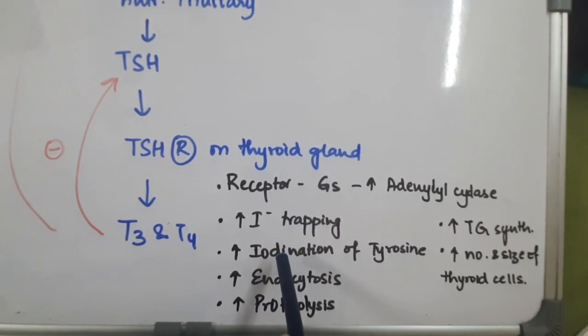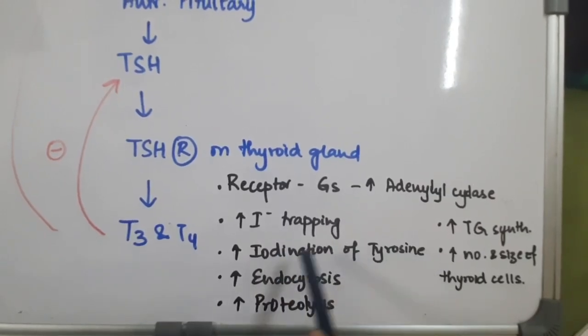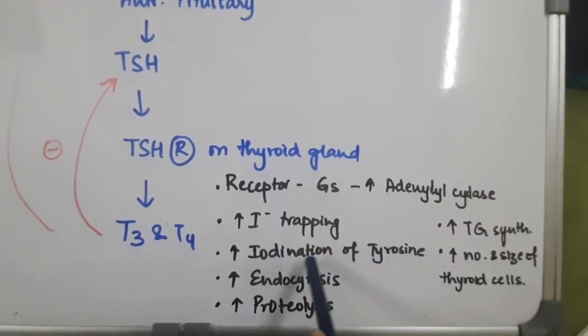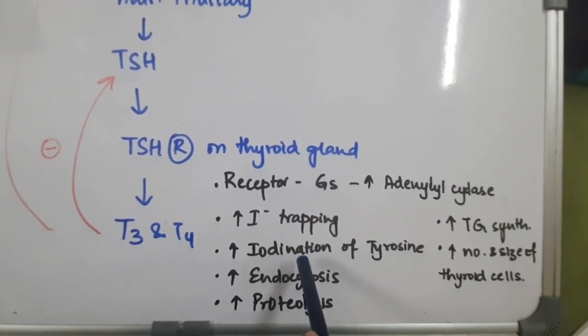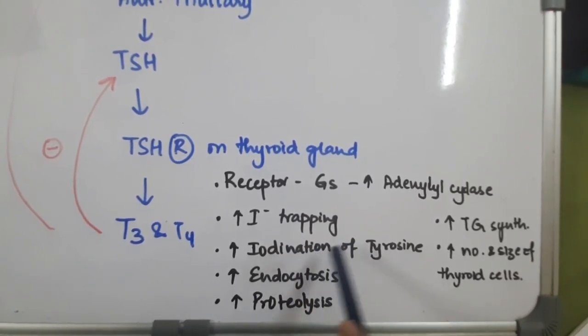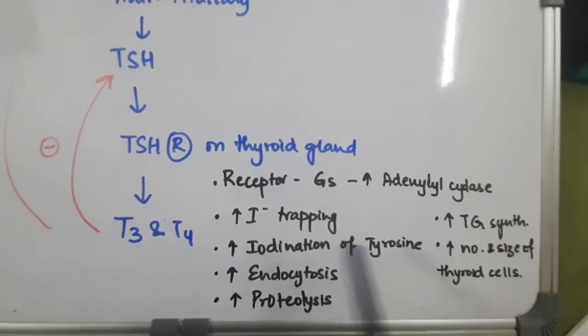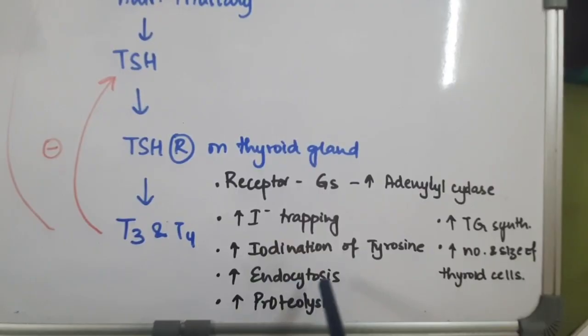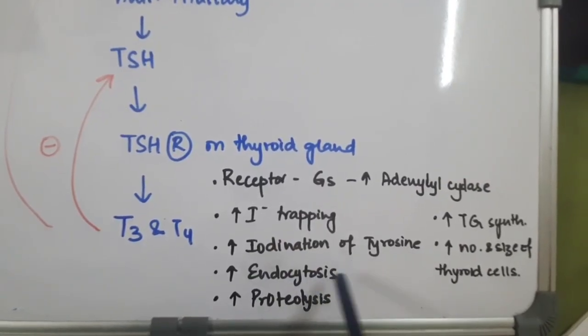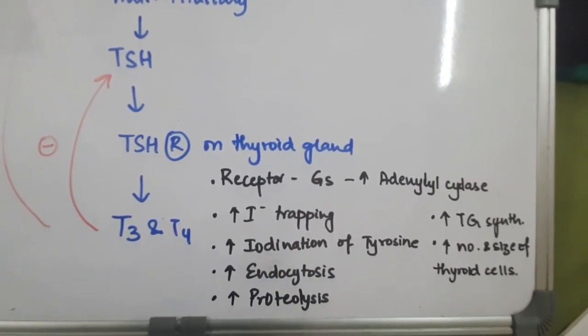It will increase the step of iodination of tyrosine. If you remember, the tyrosine gets iodinated or bound to iodine to form MIT and DIT. So TSH will increase the iodination of tyrosine. It will increase endocytosis of the thyroglobulin back into the thyroid follicle cells.